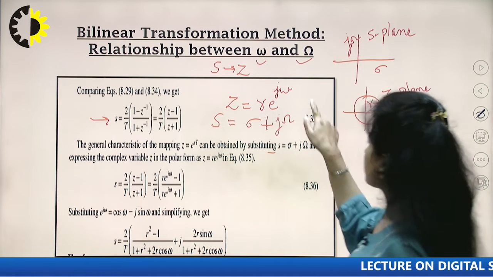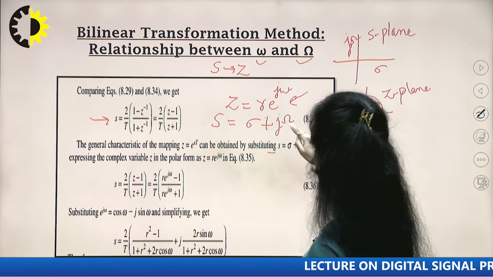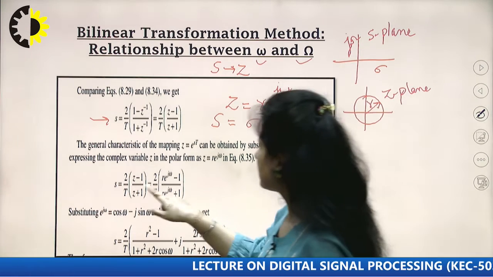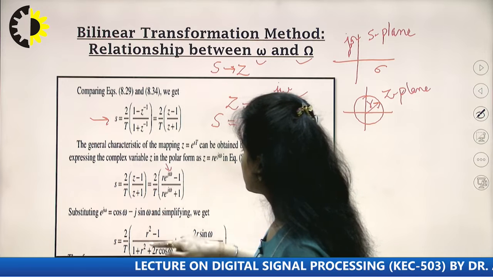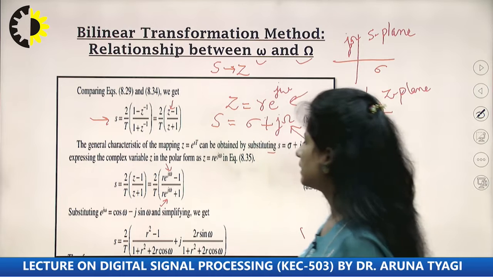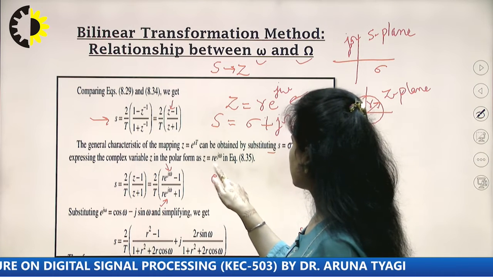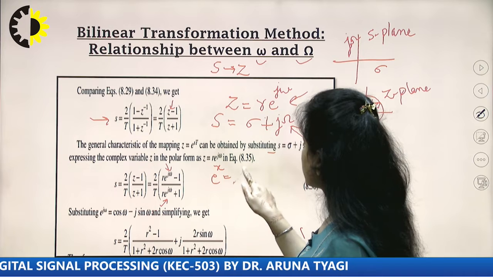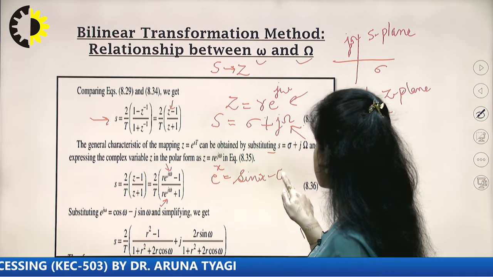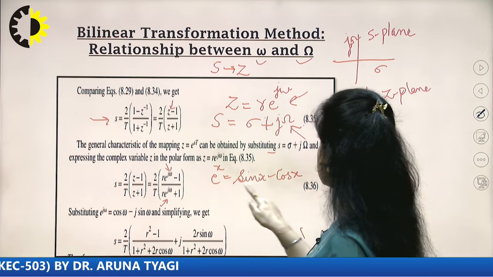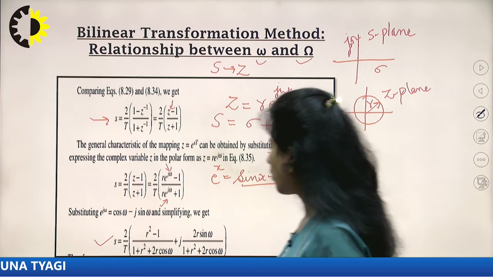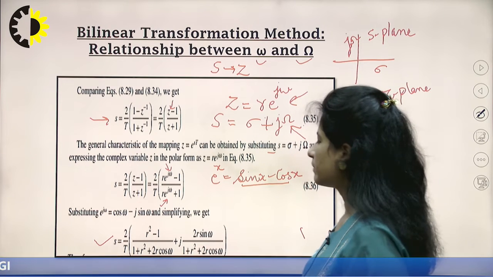So I'll simply substitute these representations of z and s, and I'll see what is happening here. r e raised to the power j omega here, and r e raised to the power j omega here. And this exponential I know can be better represented in trigonometrical functions as sin x and cos x as well. So changing the representation again, I would be representing this s in this format, that is my trigonometrical function.